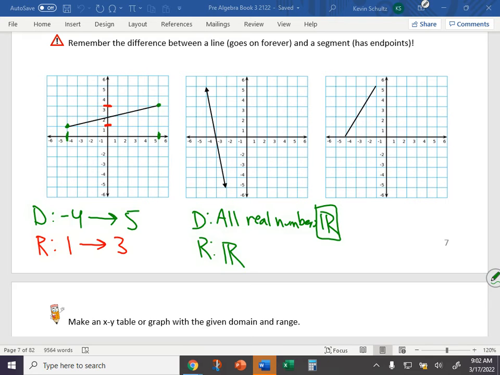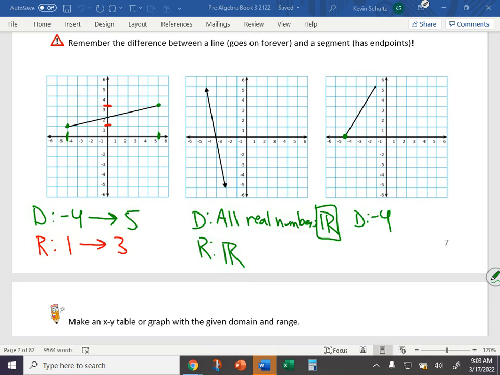Third one, what do we got? It's a segment. So for the domain here, where on the x-axis does this segment travel? What's our lowest x value? What's our highest x? On the x-axis, that point seems to be -4. Again, it's numbered strangely, but you can count over -1, -2, -3, -4.